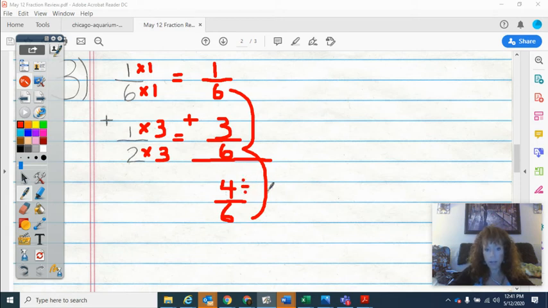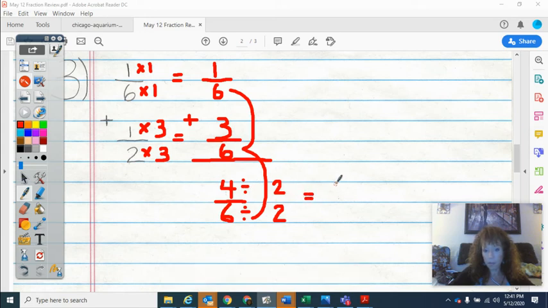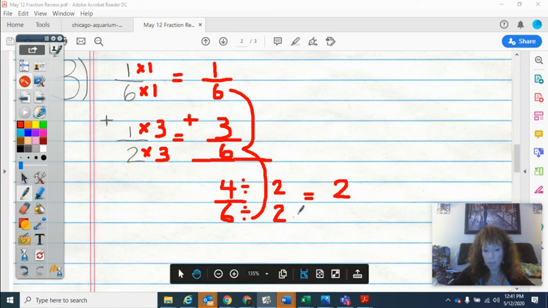So I can divide 4 by 2, and 6 by 2. 4 divided by 2 is 2. 6 divided by 2 is 3. 2/3 is my final answer.